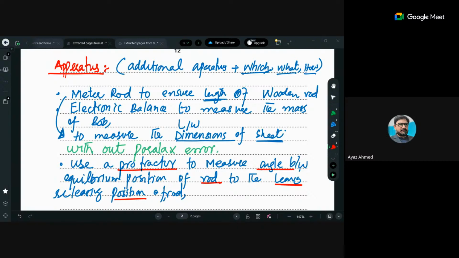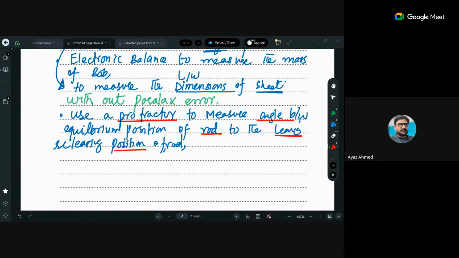Okay. Next, you can give an idea of the time, that stopwatch to measure the stopping time. How?